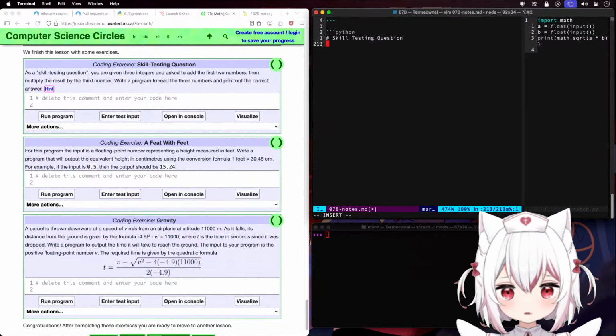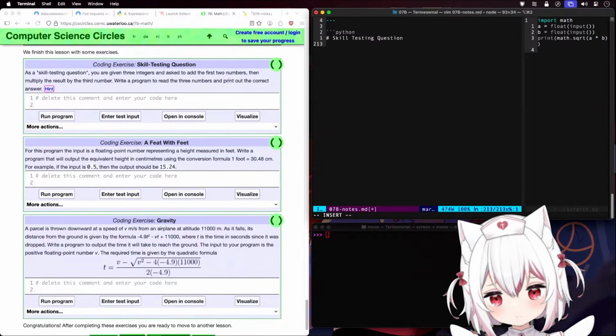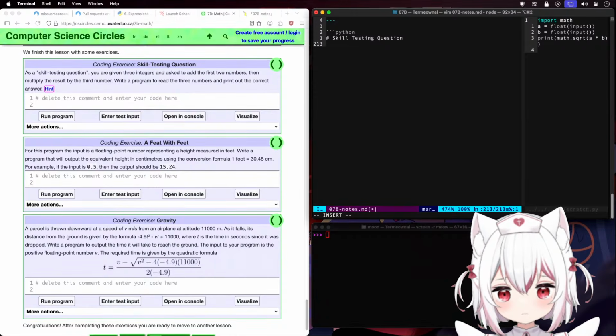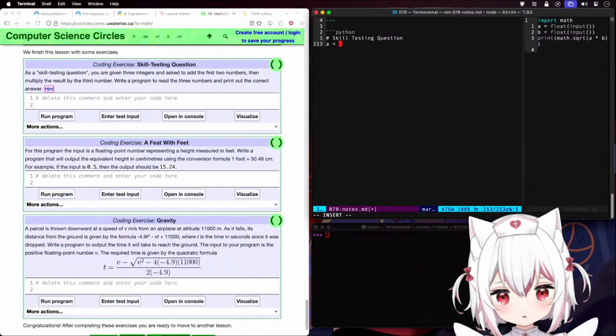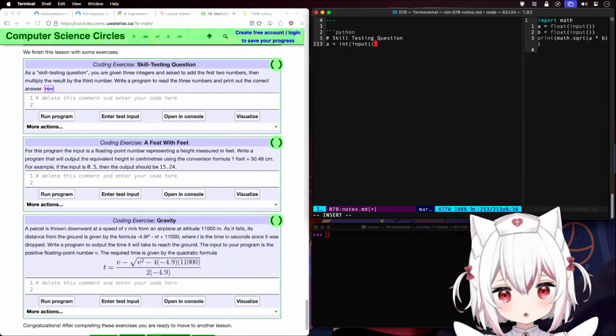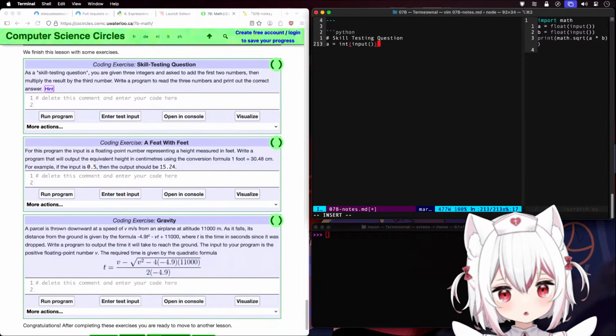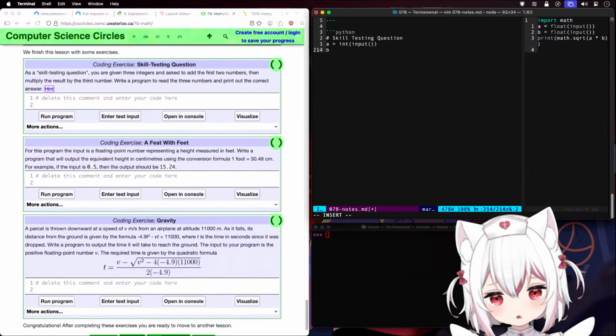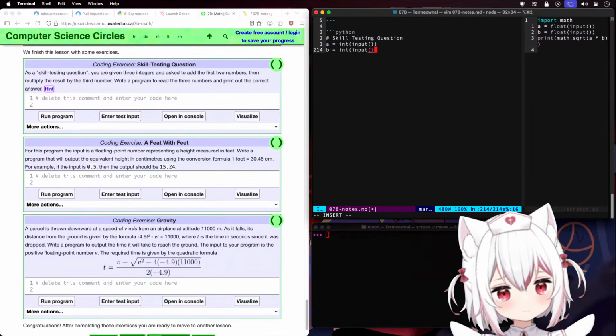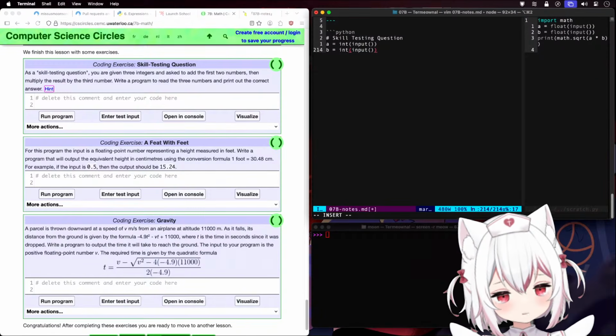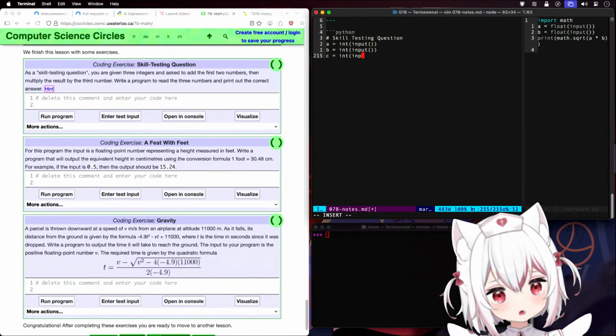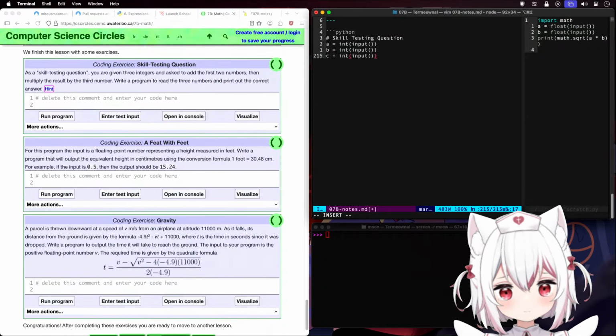Hint: write a program that accepts 3 numbers. a equals int input, b, c, right?